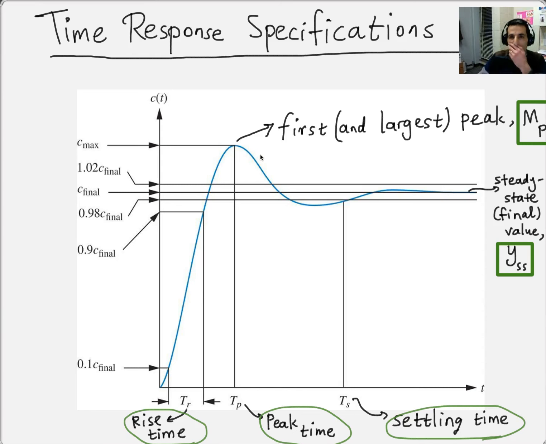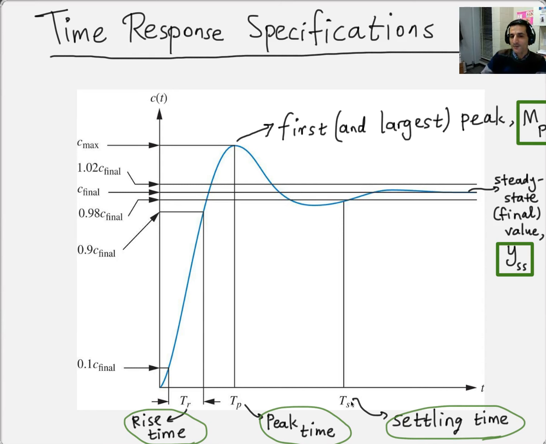Now the rise time definition is going to be exactly as before: the time it takes for the step response to go from 10% of the steady state to 90% of steady state. This is still shown by TR.